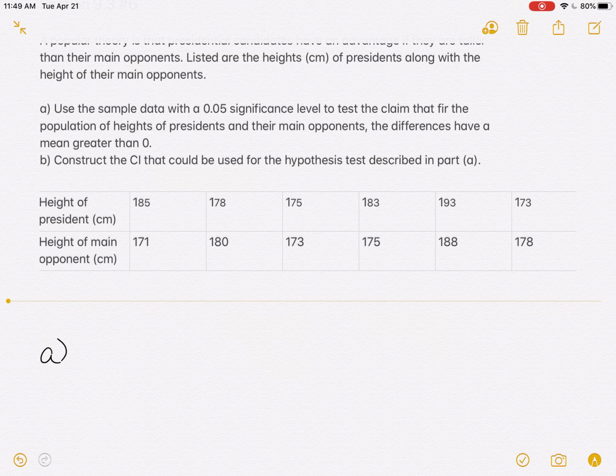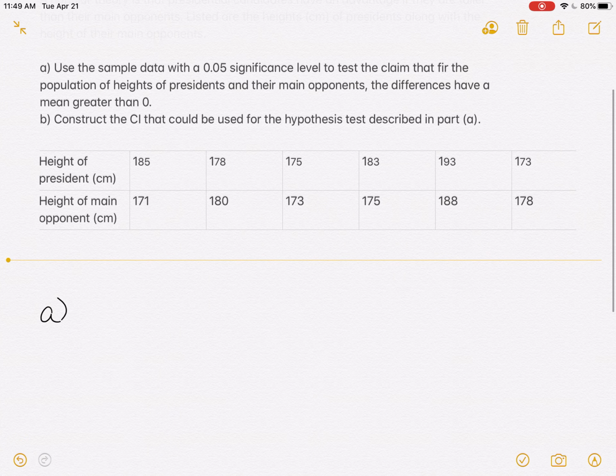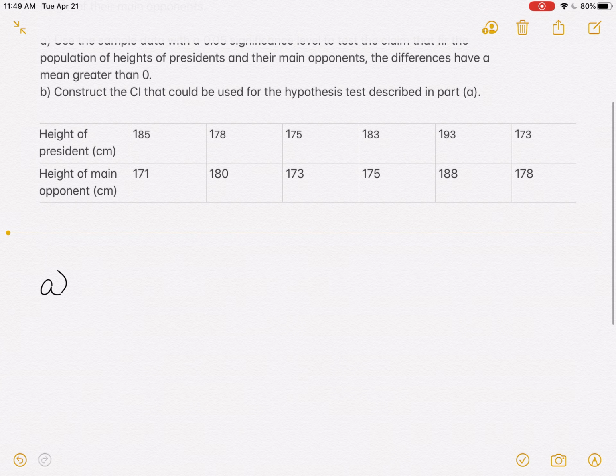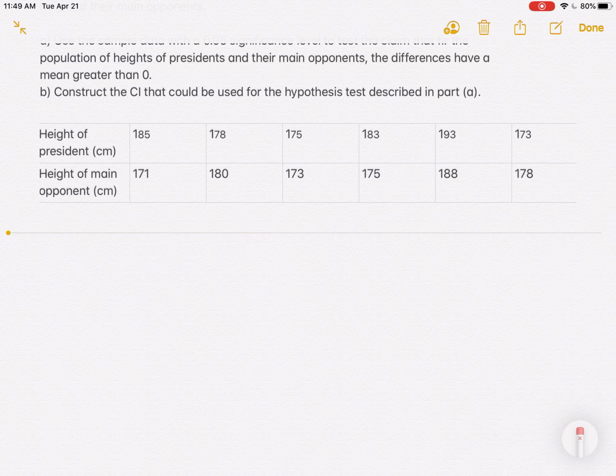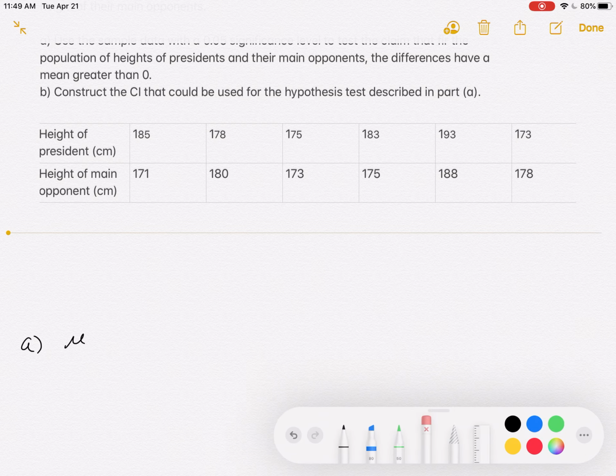We know part A. Part A's claim is that the differences in the heights for everybody is going to be, and I'll write the word claim.